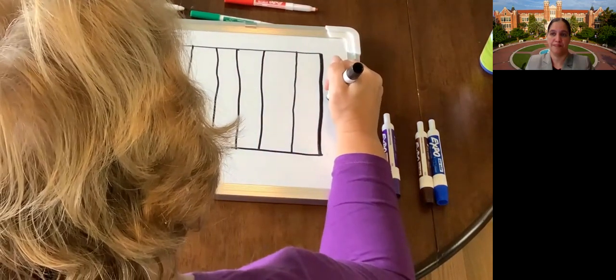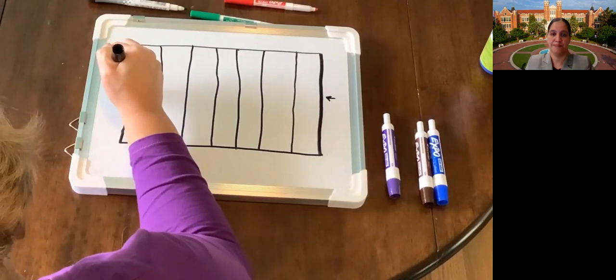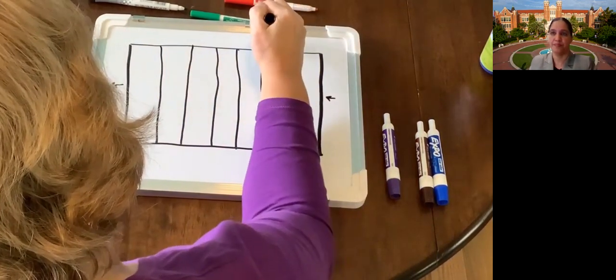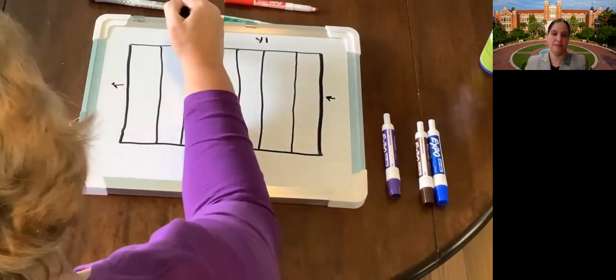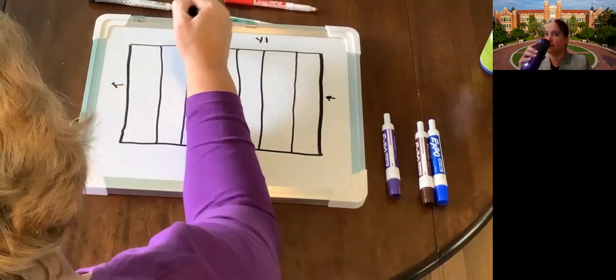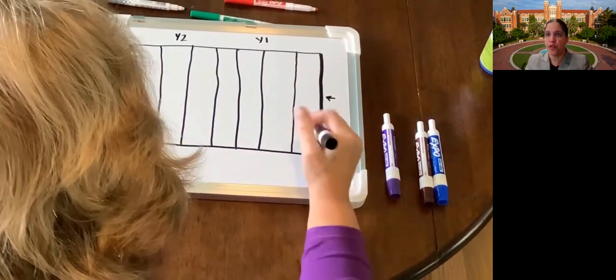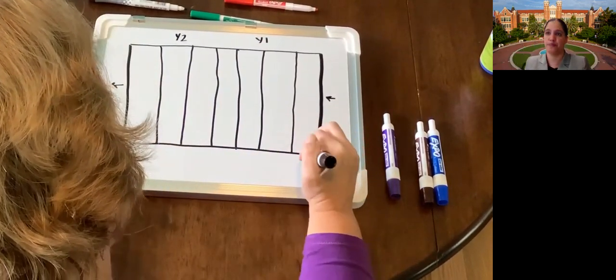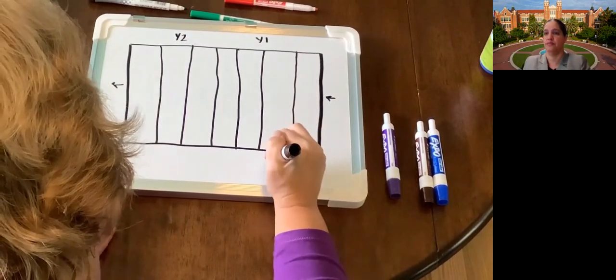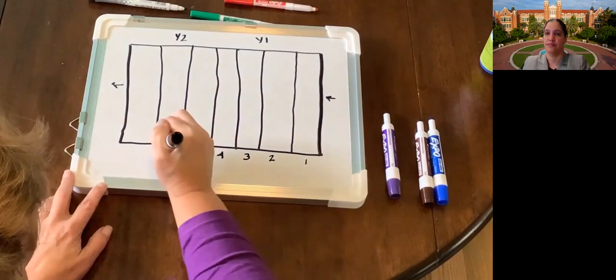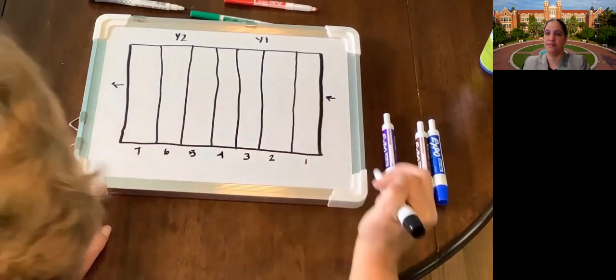And this is when they enter. This is where they exit. And we know we've got year 1 here. We've got year 2 here. And so for our transfer students, we have semesters 1, 2, 3, 4, 5, 6, and 7.